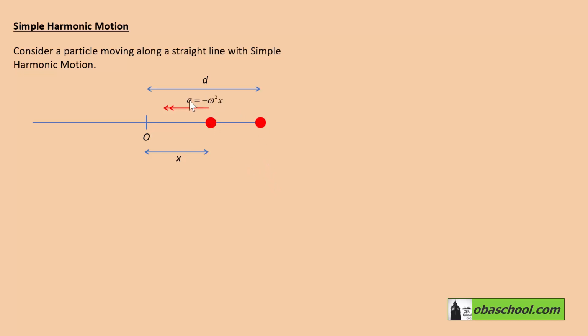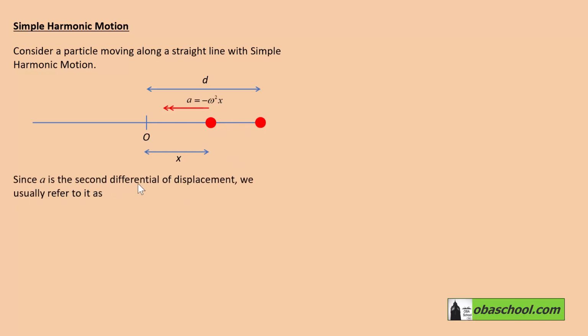The acceleration for simple harmonic motion is always minus a positive constant times x. In other words, it's proportional to the distance from the center. So at this position, the acceleration will be greater than it is here because x is greater here than it is here.